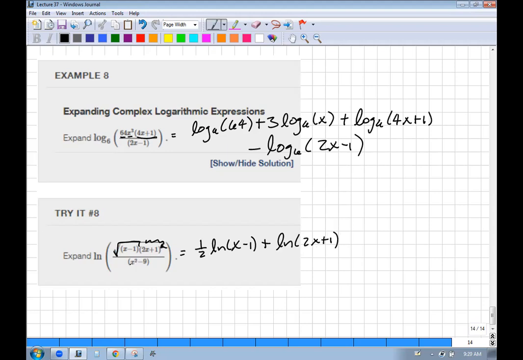This is really x minus 3 times x plus 3, right? This is the difference of 2 squares. And since they're on the bottom, we need to subtract. This is minus natural log of x minus 3 minus natural log of x plus 3, right? They're both negative because they're on the bottom.